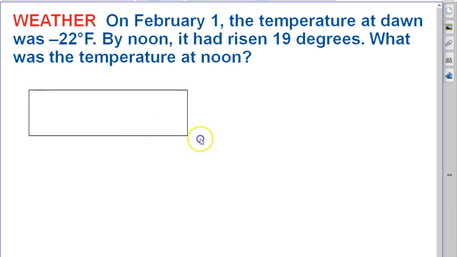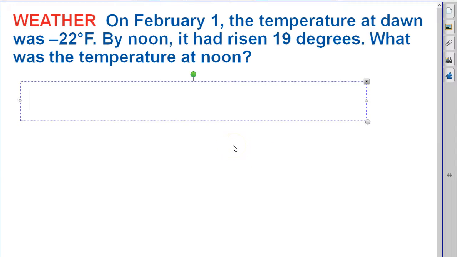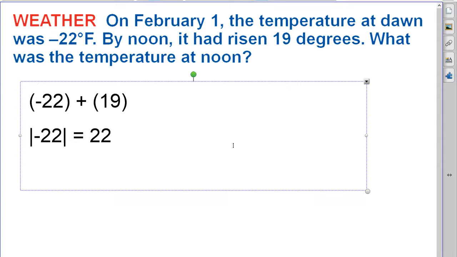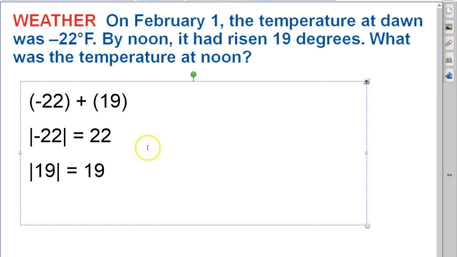Anyway, on the problem, hopefully it's a pretty easy problem for you to sort out. We start off at negative 22 degrees Fahrenheit, and then we're going to add to it 19 degrees. Well, negative 22 has an absolute value of 22. 19 has an absolute value of 19. So negative 22 has the larger absolute value, so that's the sign we're going to keep.